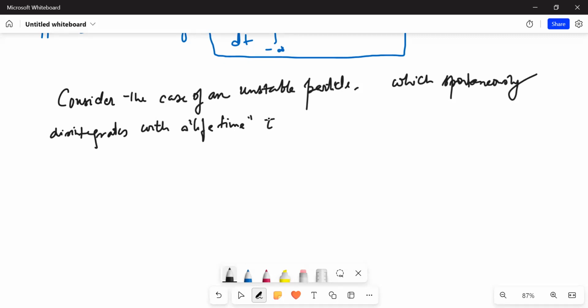tau. Clearly now it's disintegrating with respect to time. So we can no longer say that the probability is constant here, because now the probability becomes a function of time; the particle is not only a particle, it also evolves with time. So now the probability no longer remains a constant.